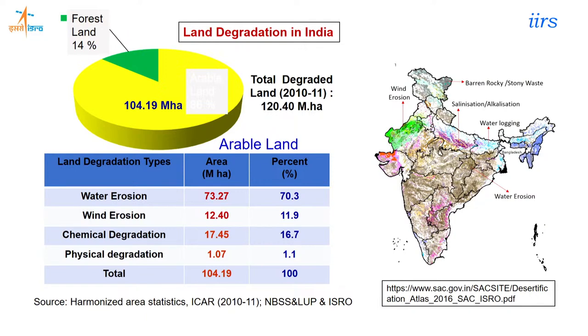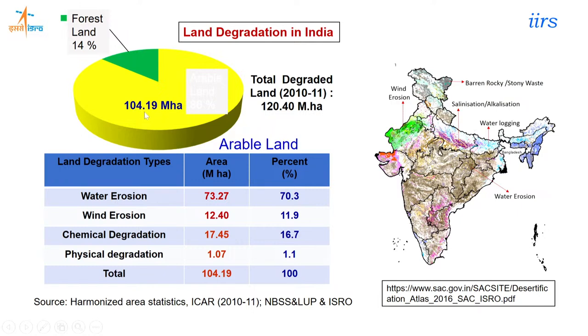Now I will tell about land degradation, how we can map degraded lands. You know the land degradation in our country: the total area is 120 million hectares, and cropland is 104 million hectares.